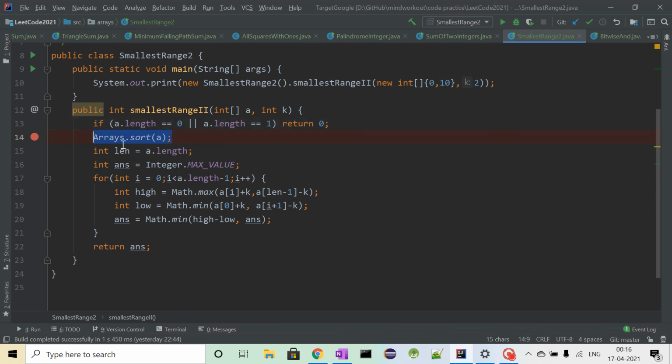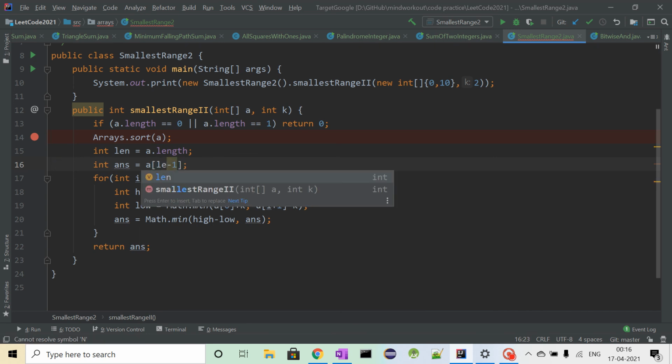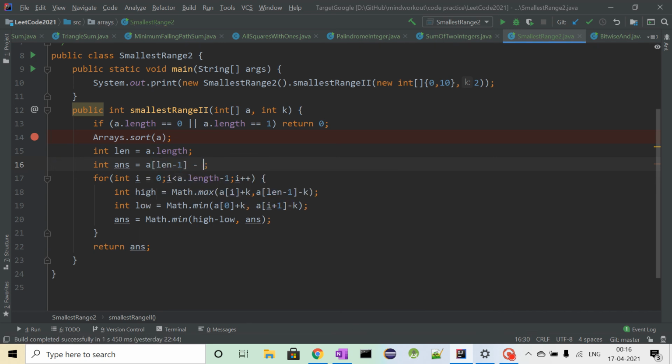We will sort this array, and the length is n. The initial answer is A[length minus 1] minus A[0].